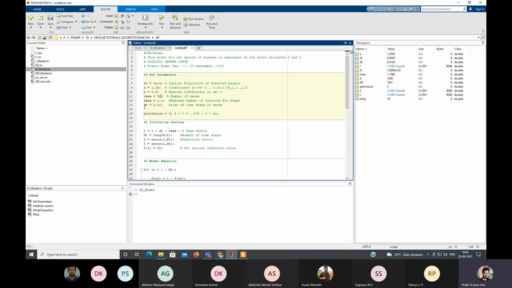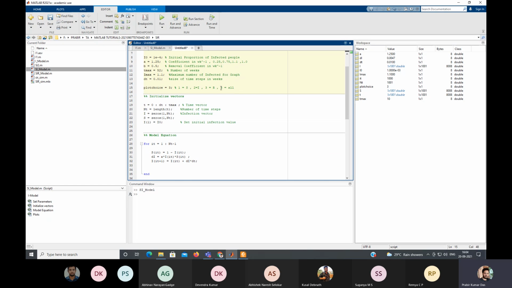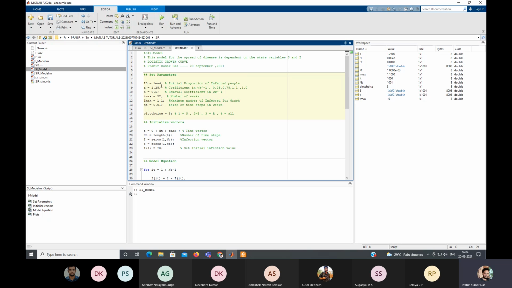Imax is 1.1, and our DT value remains the same. Now choices: 1 is for S, 3 is for R, and 4 is for all. So here we will get 4 plots. Basically we're interested in all the plotting, so we want to see how all the variables S, I and R are changing.